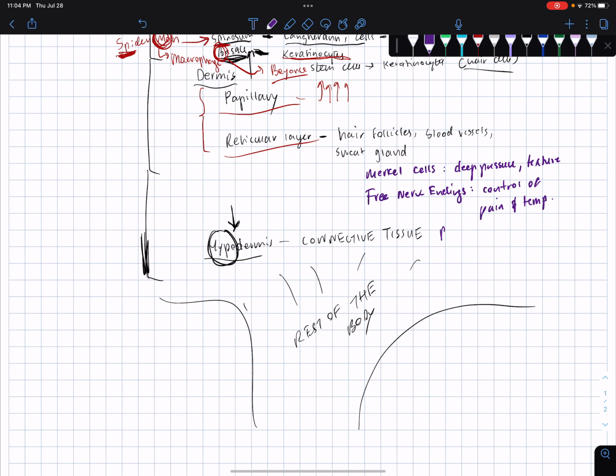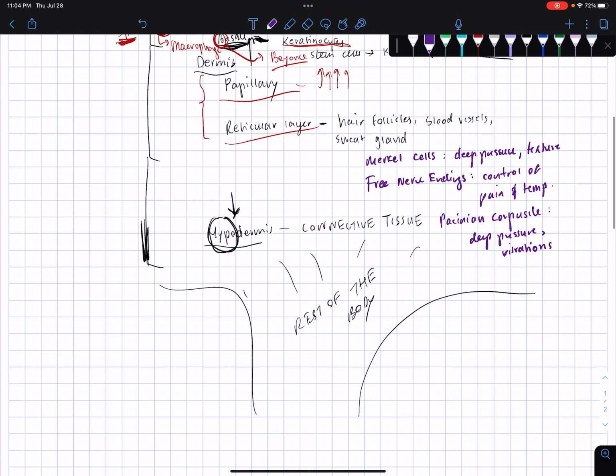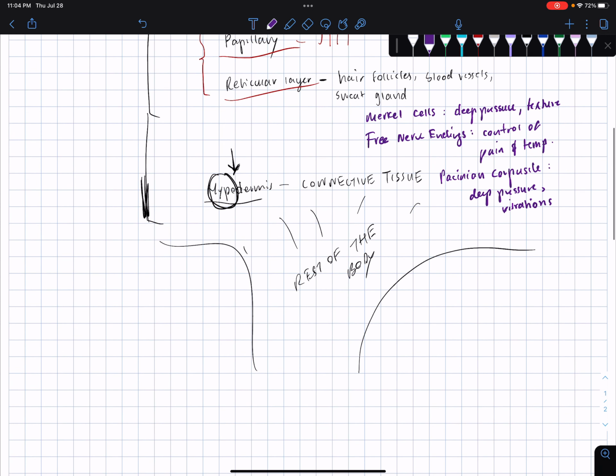We also have something called the Pacinian corpuscle. And this is involved with, again, deep pressure, just like Merkel cells, but it is also involved in the sensation of vibrations. And then we also have the Meissner corpuscles.